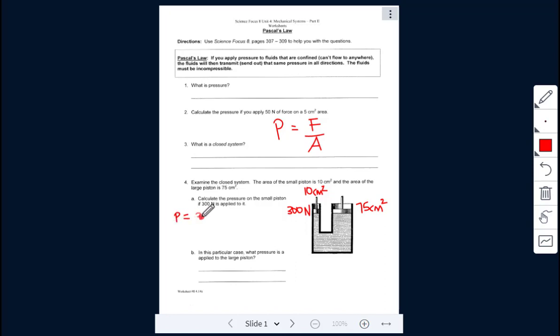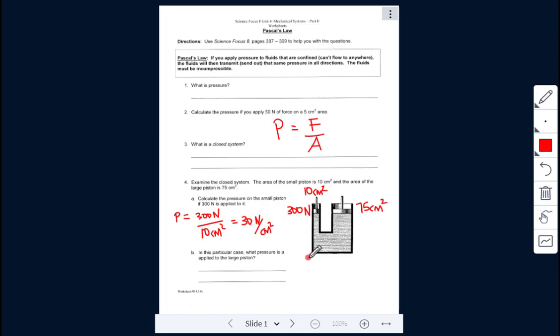Okay, so force is 300 newtons, and the area is 10 centimeters squared. So the pressure in this case is 30 newtons per centimeter squared. Okay, that is the pressure. If it was in meters squared, then we could put this into pascals, but that's okay. We'll just leave it as newtons per centimeter squared.